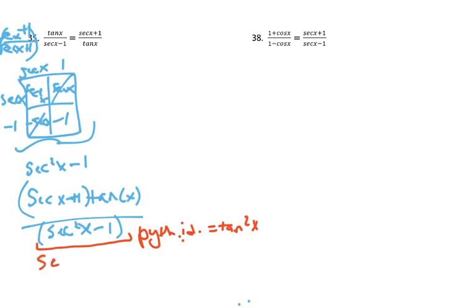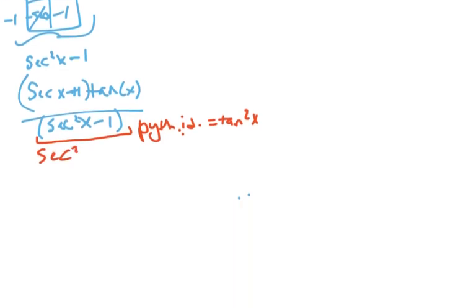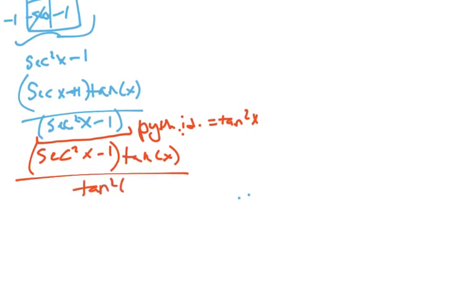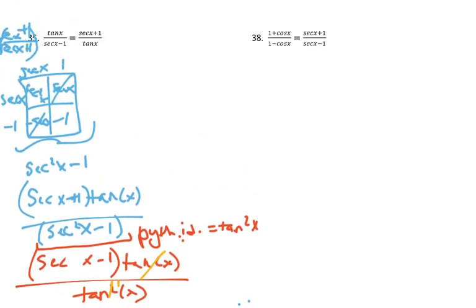So we have secant of x plus 1 times tangent of x over tangent squared of x. We can now reduce this tangent with one of these tangents and be left with secant of x minus 1 over tangent, which is what we wanted. I wrote squared in this accidentally.